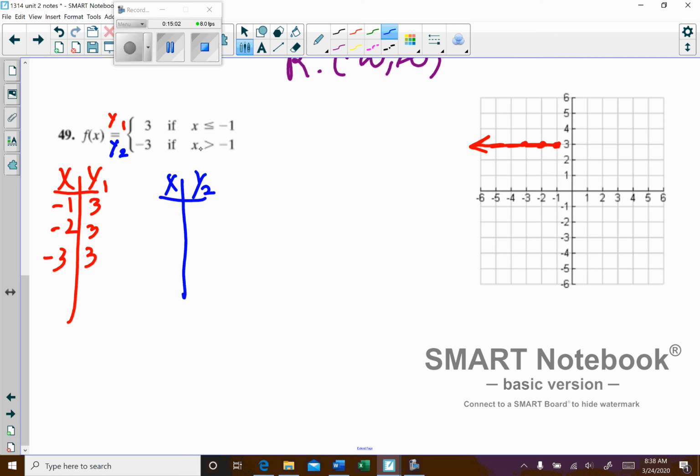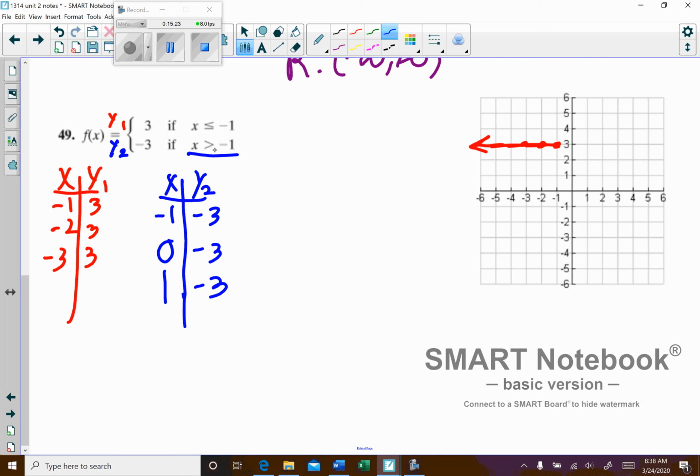Here we want to pick out values greater than negative 1. So even though negative 1 is not included, we're going to put it in our table. So negative 1, something greater than negative 1 would be like 0, 1, 2, 3, whatever you want to use. And so you constantly get back negative 3, negative 3, negative 3, negative 3.